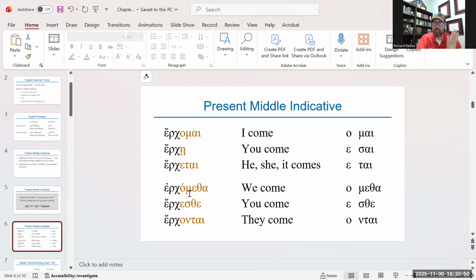So you're always going to put that present active indicative form on a verb if you have one. If you don't, then you're going to put the form that you learned it in. All right. So that is chapter 18, present, middle, and passive and deponent verbs.